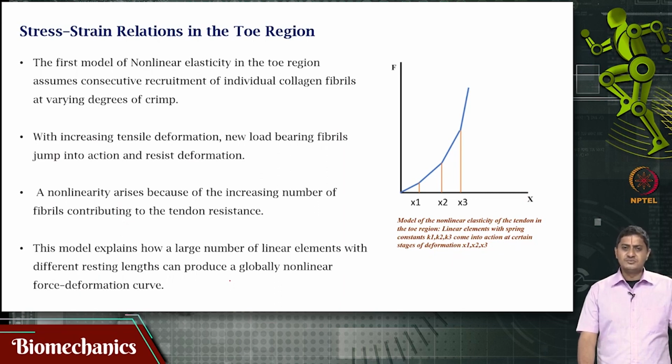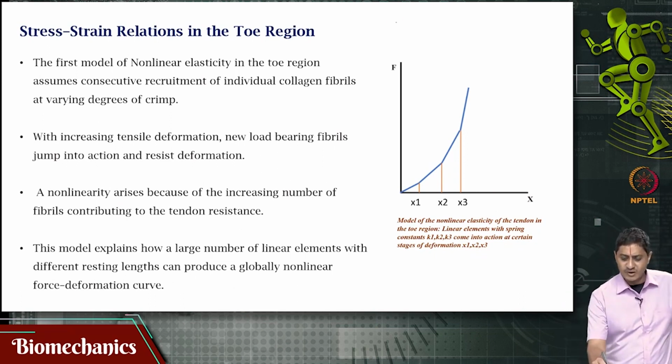One model assumes that there is a very large number of individual collagen fibrils, and it turns out that they have different amounts of crimp. One fibril is having that kind of crimp, the other one is having that kind of crimp, etc.